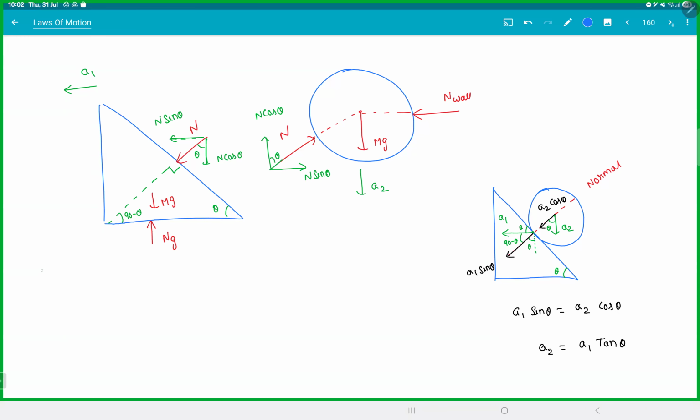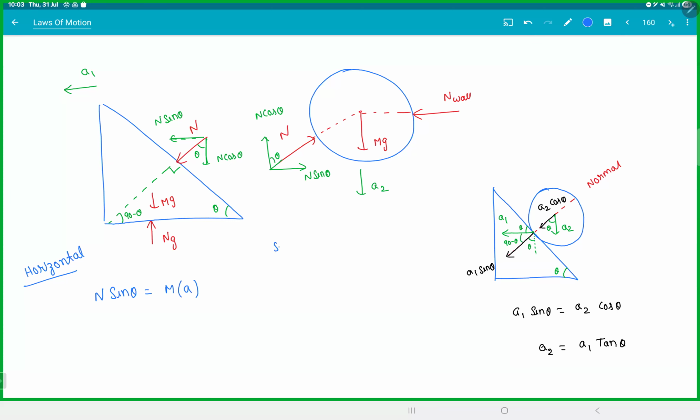So for the wedge, I will write the horizontal forces, because the wedge is moving only in the horizontal direction, which is pushing to the left hand side. So n sin theta is equal to mass into acceleration. That's it. There's only one force acting on the wedge on the left hand side.